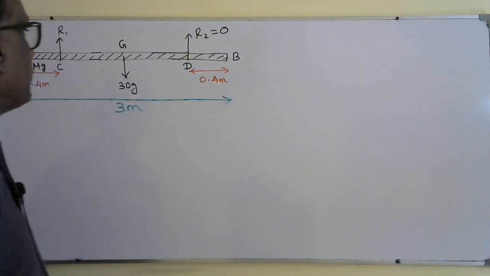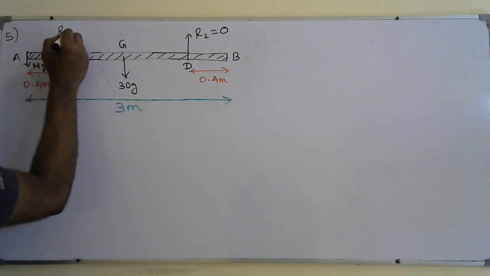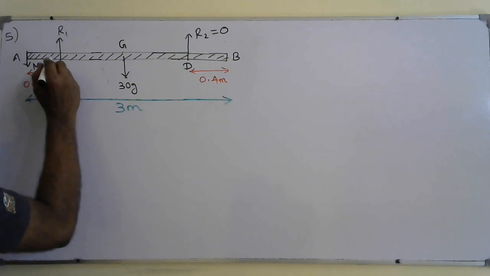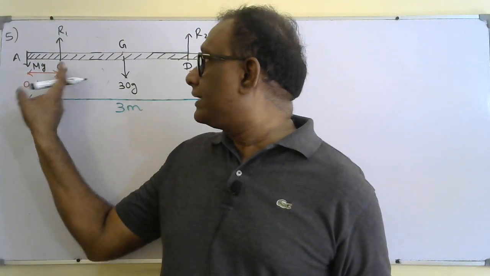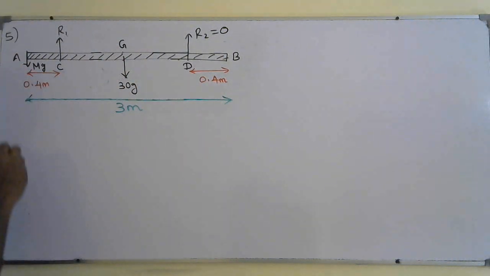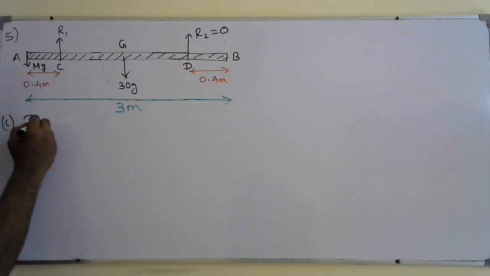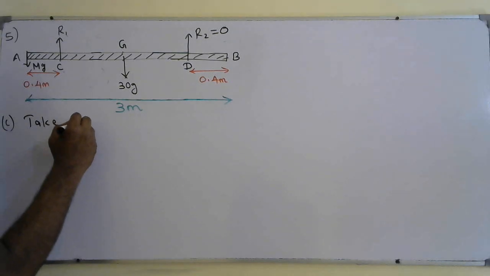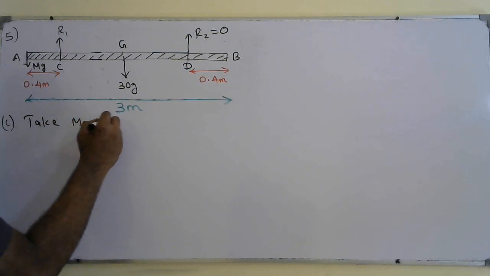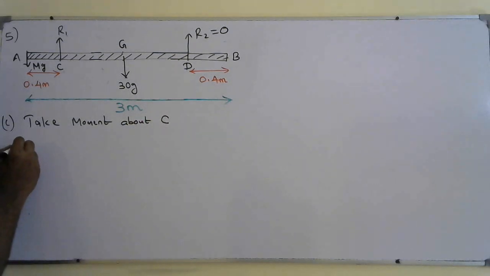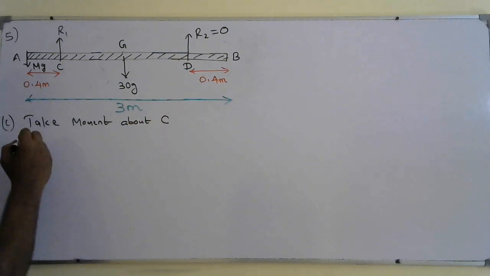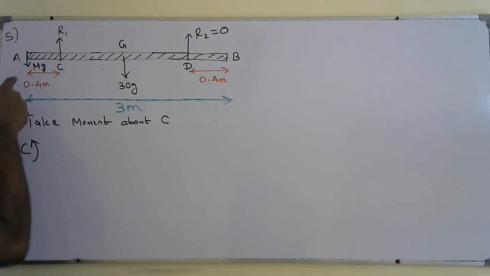So here we'll take moment about C because unknown force R1 is at C. To reduce the unknowns, to find the m, better take moment about C. So we'll take moment about C in anti-clockwise direction.